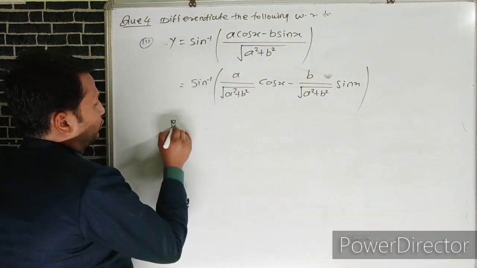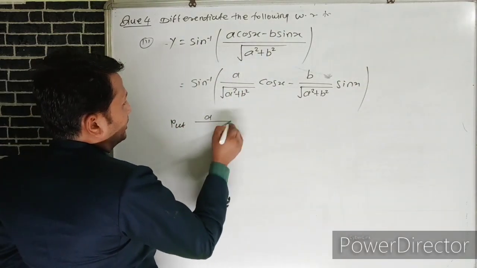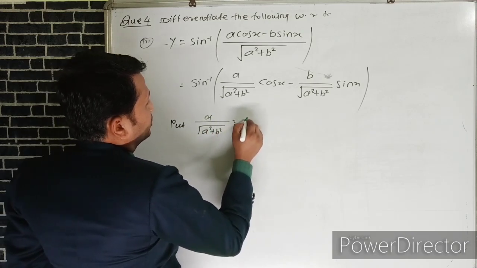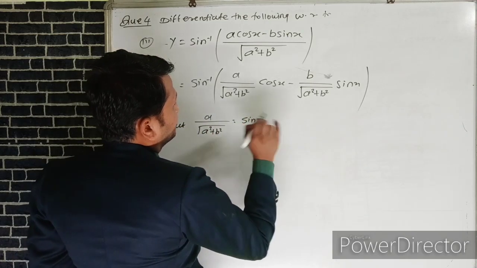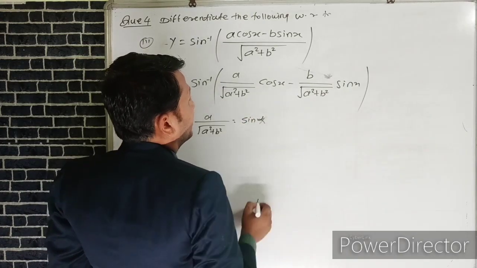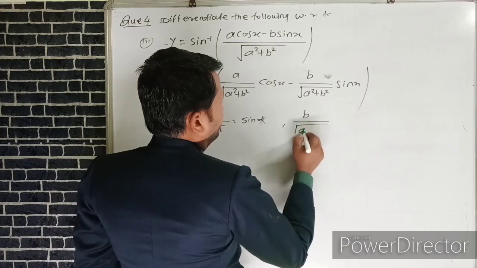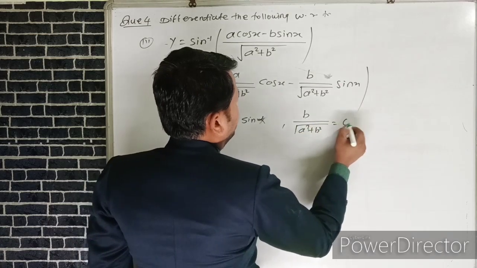Now we put the first term a upon under root of a square plus b square equal to sin alpha, and the second term b upon under root of a square plus b square is cos alpha.